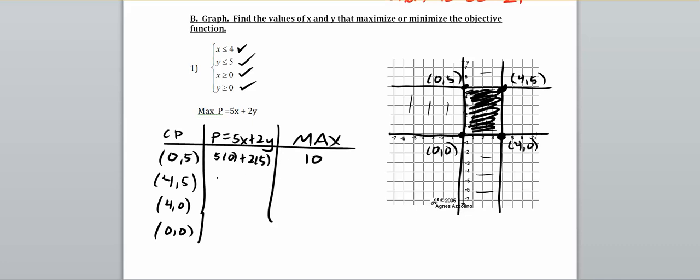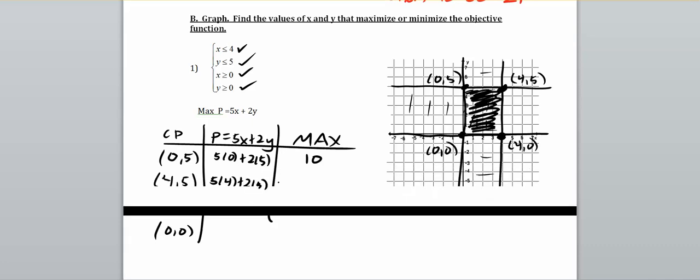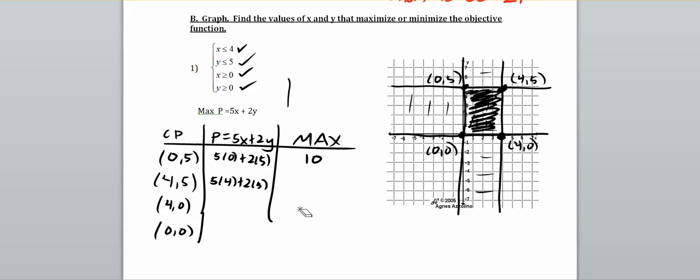If I do 4, 5, 5 times 4 plus 2 times 5, whoops, I don't know what I just did, but that's right, hold on. There we go. 5 times 4 plus 2 times 5, so 20 plus 10 is going to give me 30.